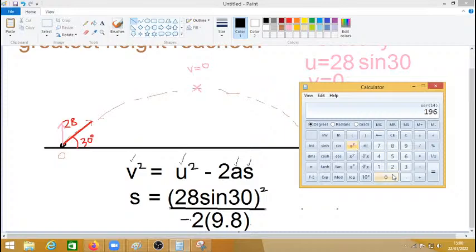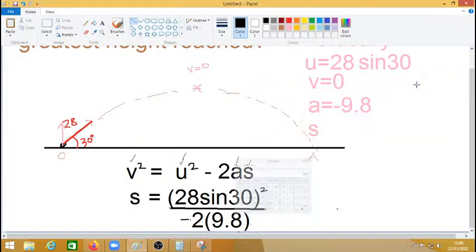I'm going to square that. That's 196, and then I'm going to divide by minus 2 times 9.8. So that gives me minus 10.